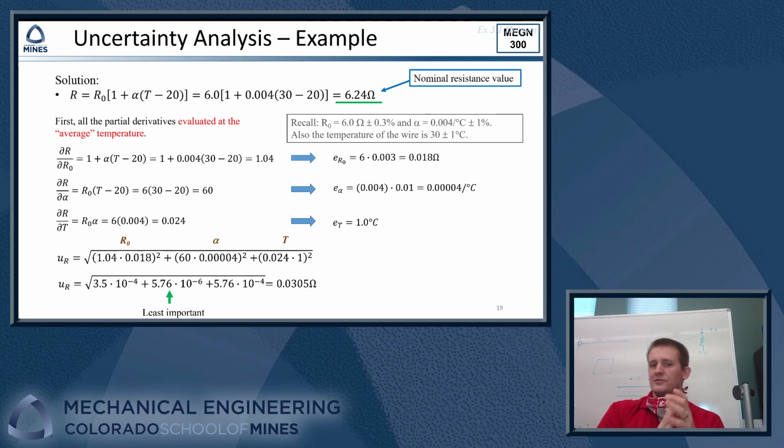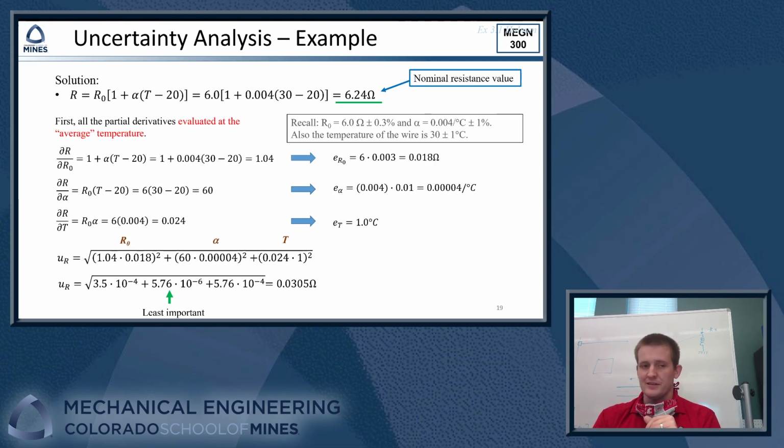To calculate the uncertainty, the first step is to take our partial derivatives of R with respect to each of the variables that have an uncertainty associated with them, which in this case would be R naught, alpha, and T. We take the partial of R with respect to R naught, which you can see there, and we've plugged in the nominal values for alpha and T, which appear in the partial derivative, so that we get a number for that partial derivative.